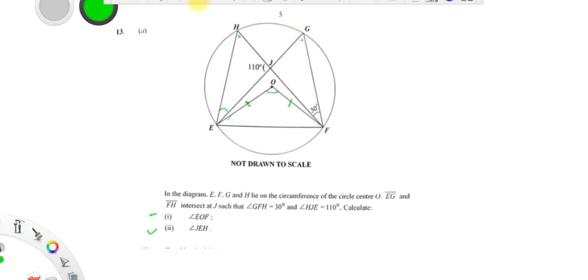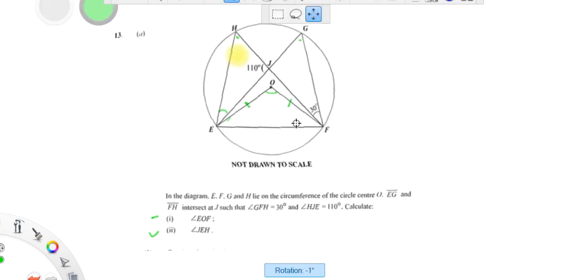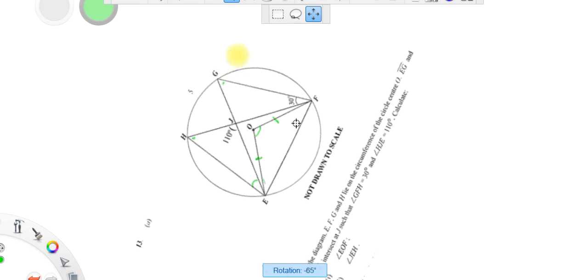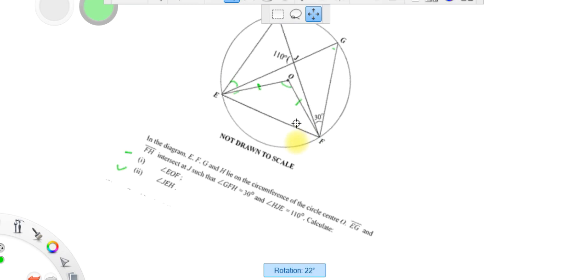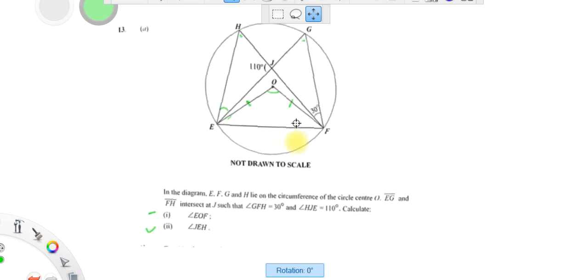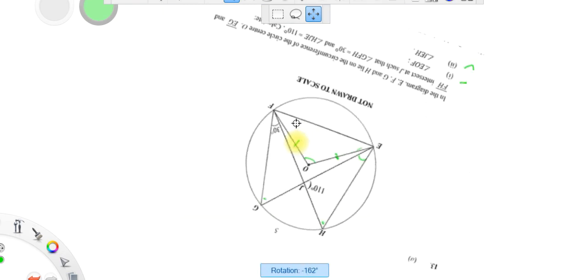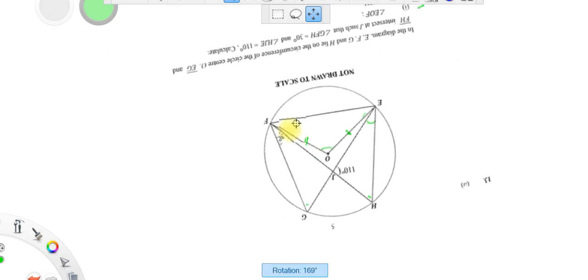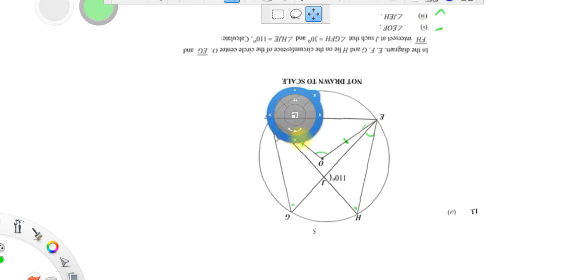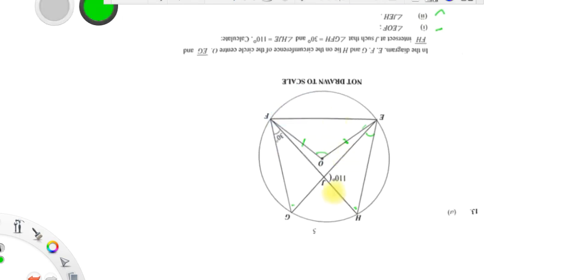Let me try to do something for you to see, guys. If I turn it upside down like this, you see that it is the same thing.